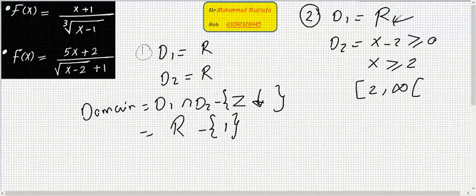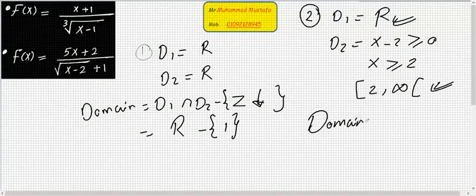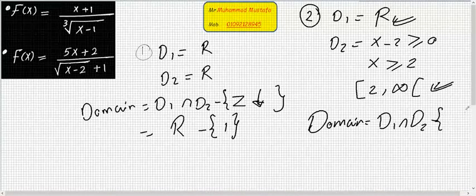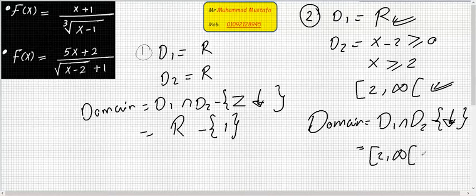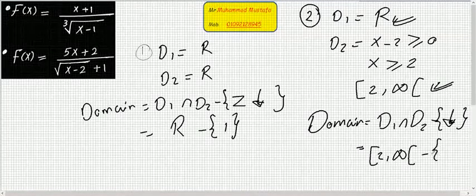This is the first domain and this is the second domain. Domain of the function equals D1 intersection D2 minus the set of zeros of the denominator. D1 intersection D2 is 2 to infinity intersection R, which equals 2 to infinity, minus the set of zeros of the denominator.